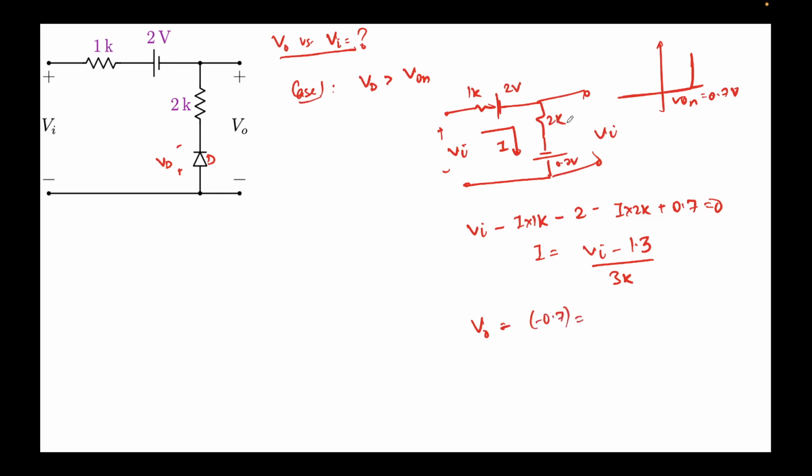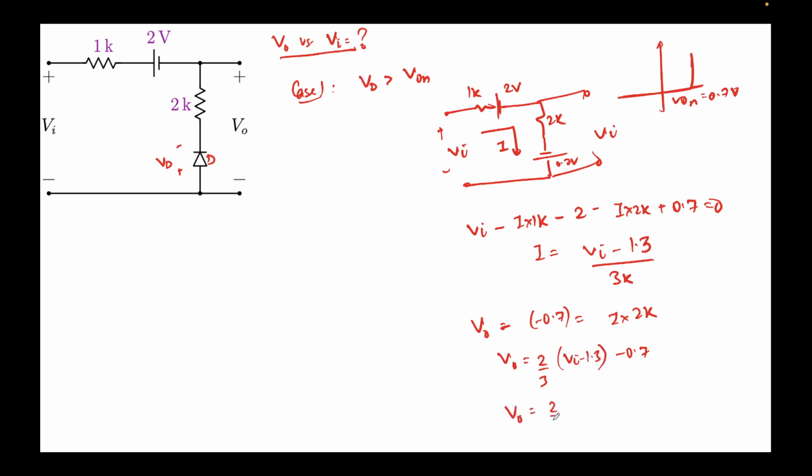If I apply Ohm's law across this resistor, this will be I times 2K. So this will be minus 0.7, and if it goes to the other side, it becomes minus 0.7. If I put in the value of I, it will be 2 by 3 times VI minus 1.3, minus 0.7.